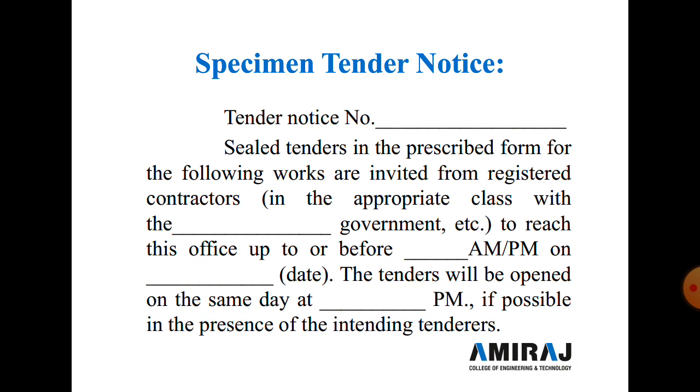Here the tender notice is blank. First, the tender notice number is written in the blank form. Then sealed tender in the prescribed form for the following works is invited from registered contractors in the appropriate class with the government. Here the class of the contractor is written in a blank, to reach the office up to or before a blank AM/PM on a blank date.